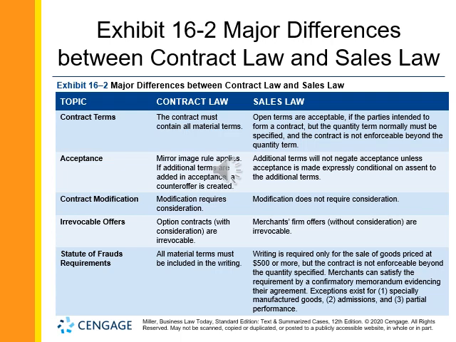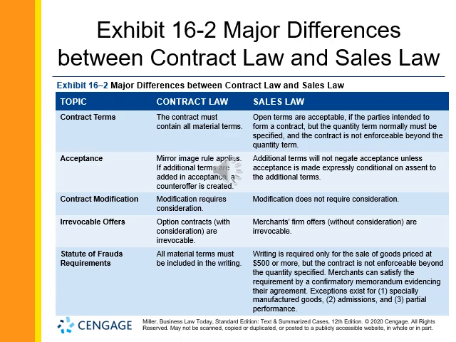Statute of Frauds requirements also differ between standard contract law and sales law. In the case of the common law of contracts, all material terms must be included in the writing to satisfy the statute of frauds when a writing is required.